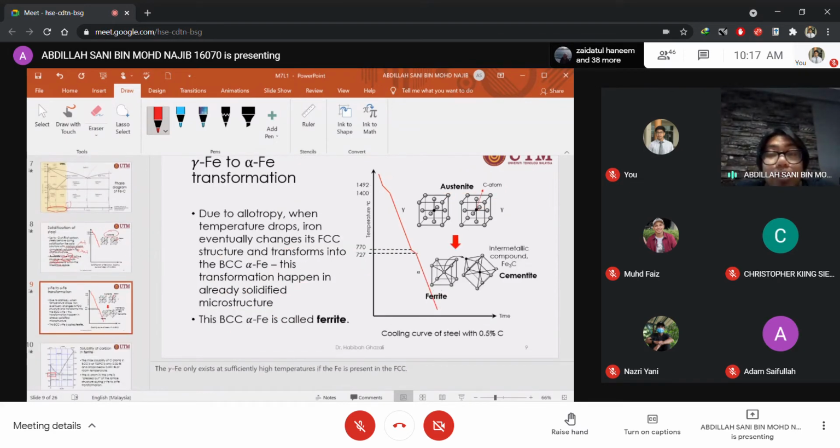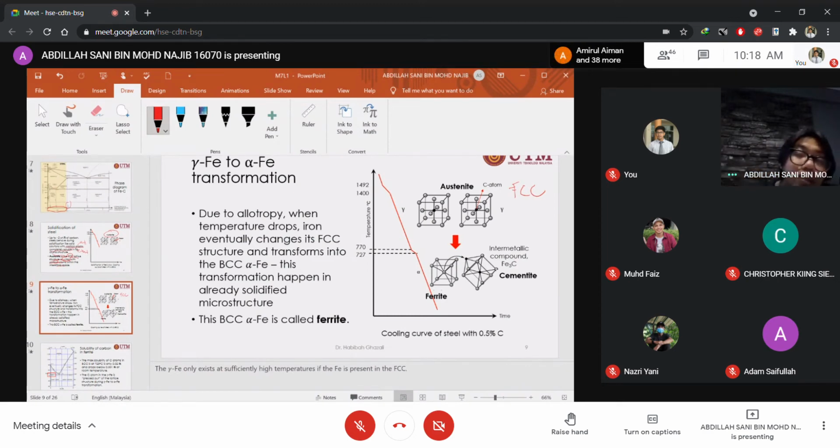Cool enough, so the solidification continues. What happens is that the austenite phase, which is FCC, goes below 770, and the FCC starts to change into BCC.